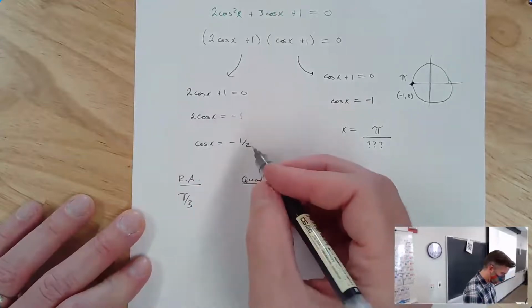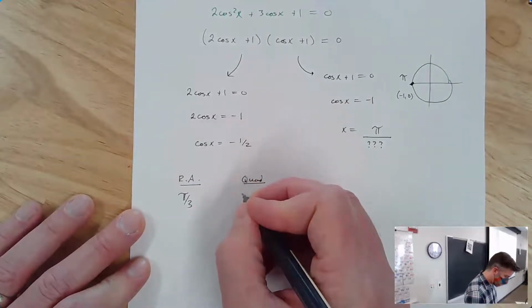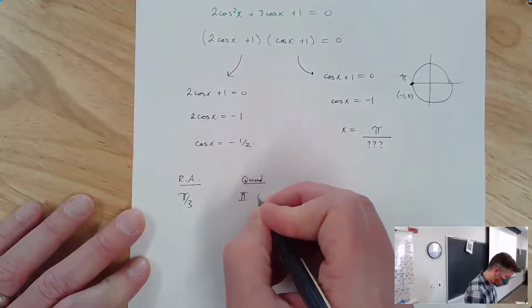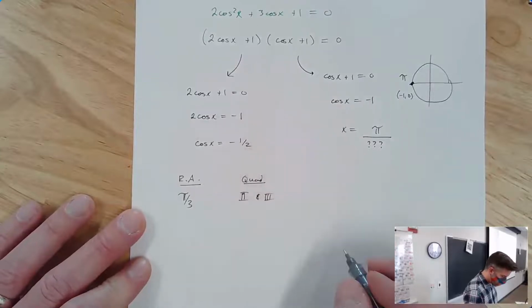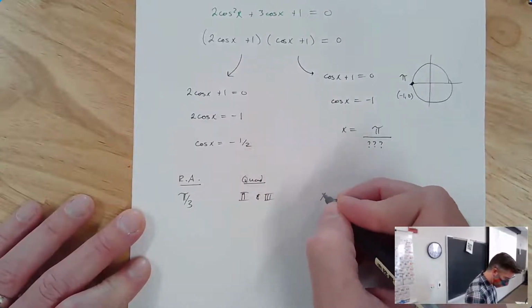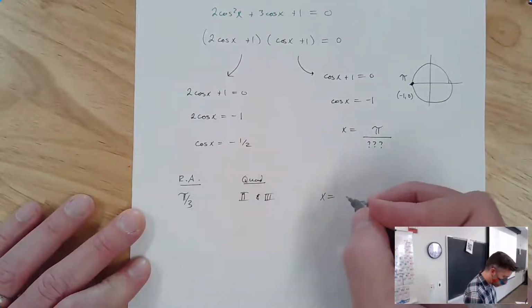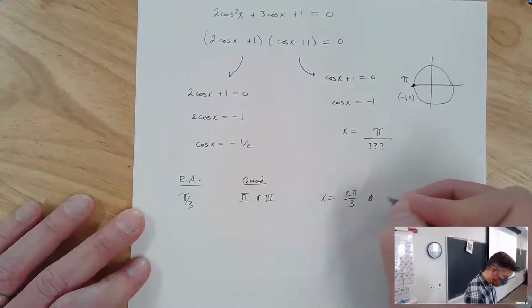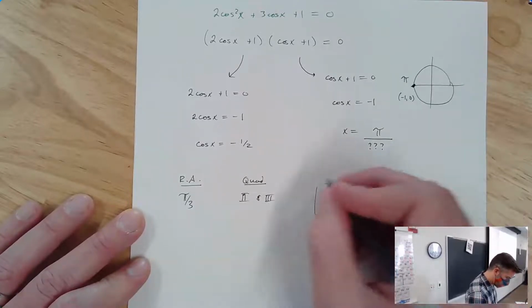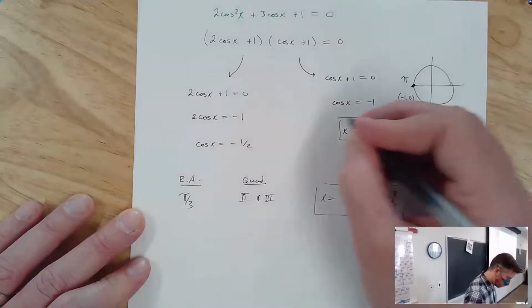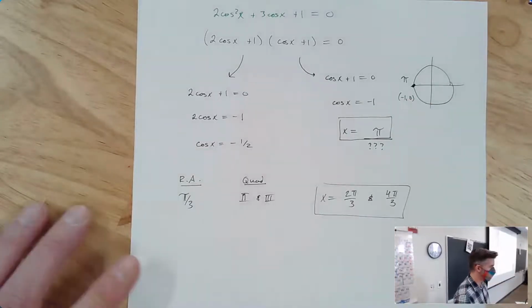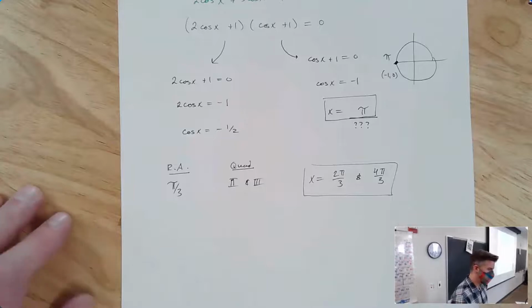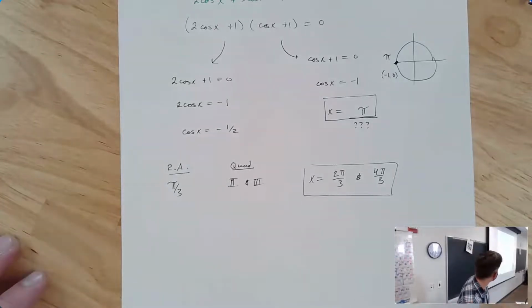My quadrants are quadrants 2 and 3. So my actual angles are x equal to not pi over 3, but 2 pi over 3 in quadrant 2 and 4 pi over 3 in quadrant 3. Those are my 3 answers: 2 pi over 3, pi, and 4 pi over 3.